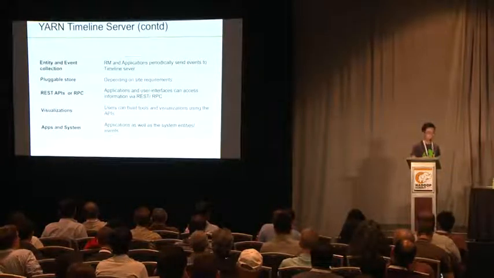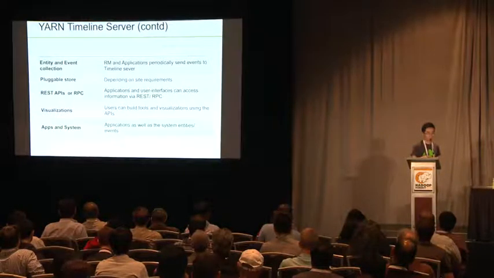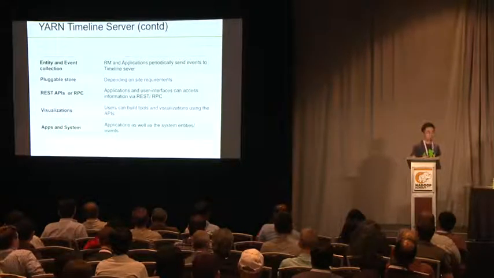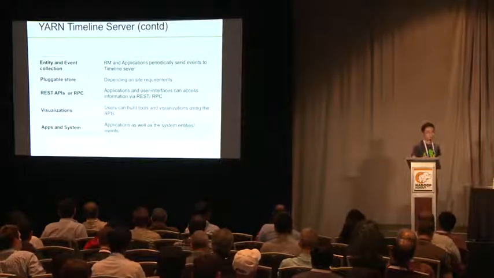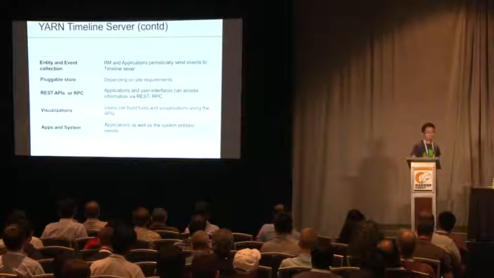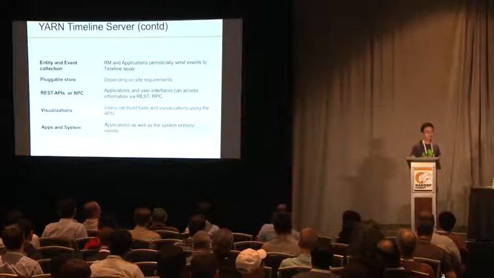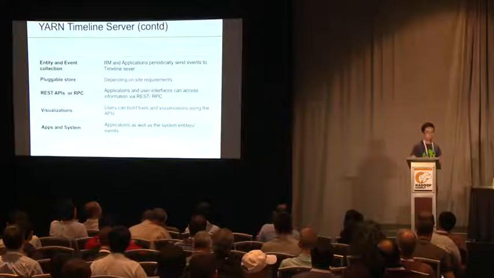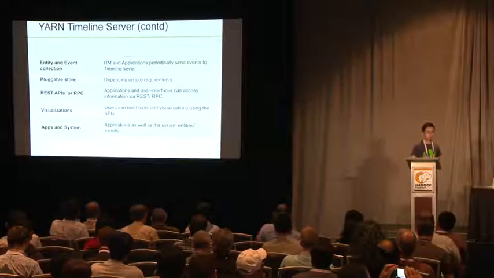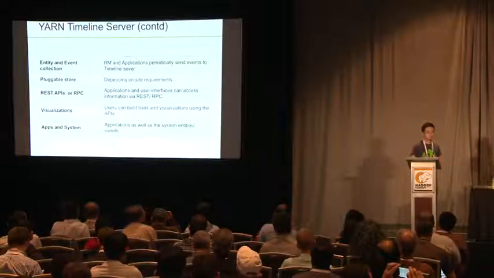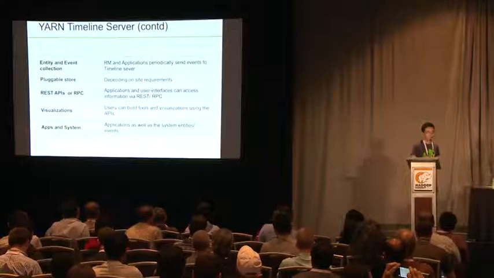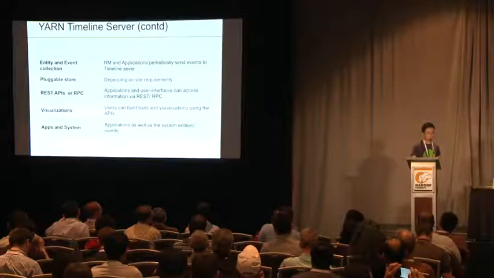There are a couple of things I want to highlight here. Not just applications themselves, the resource manager itself can also publish such data into the timeline server, and they do it by composing all this information into one entity and sending this entity to the timeline server via events.